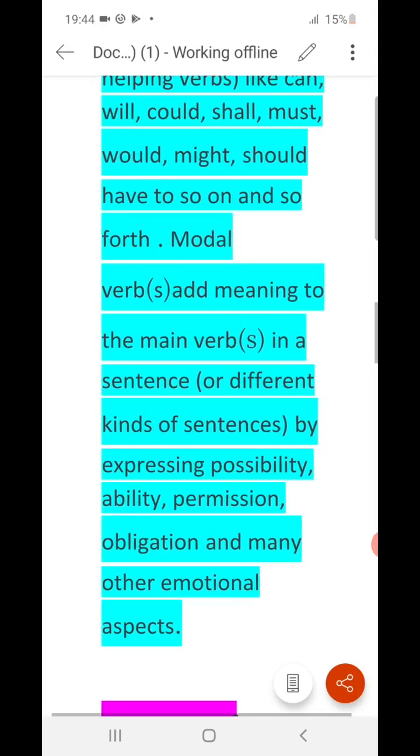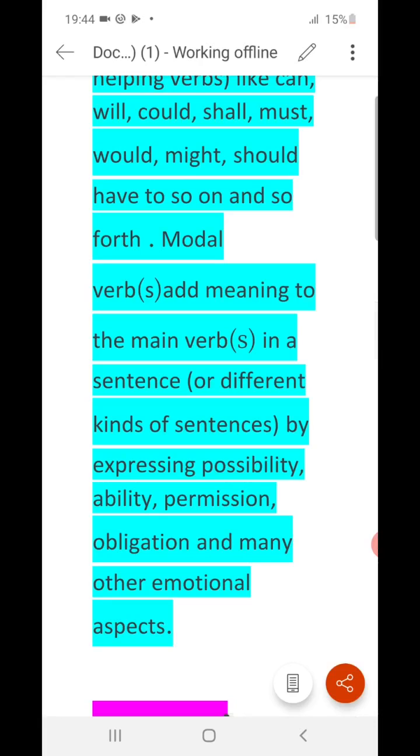Suppose someone wants to grant permission or someone wants to seek permission.